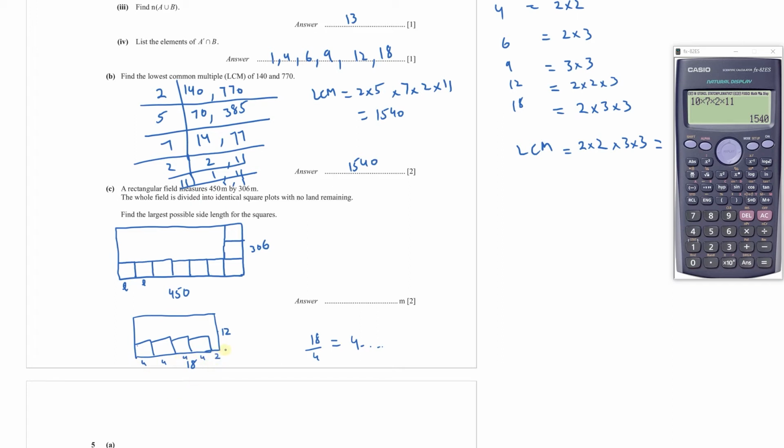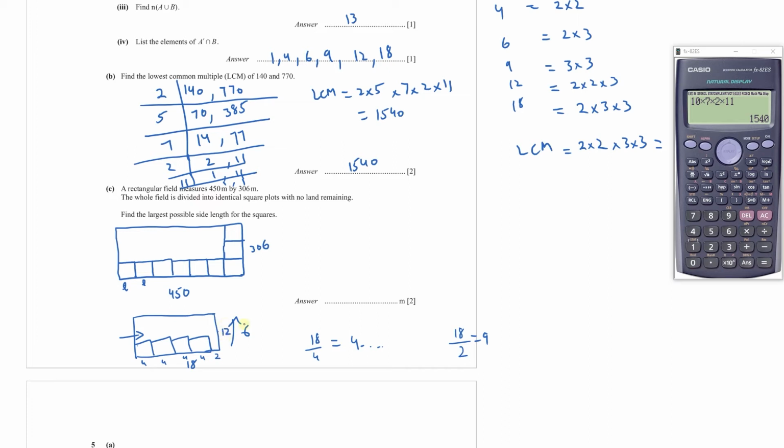So there will be 2 meters remaining here. So since 18 is not divisible by 4, you will have some length remaining. So you have to choose a number that is divisible. So choose a number which is a factor of 18. So 18 divided by, let's say, 2 is possible. Then you will have 18 divided by 2, 9 boxes on this side, and then 6 boxes on this side.